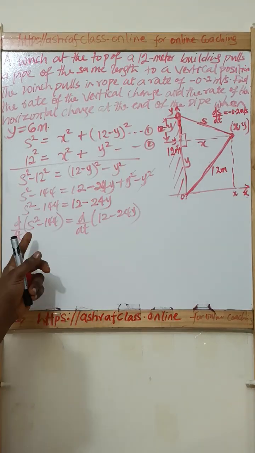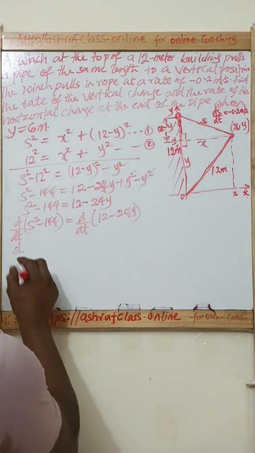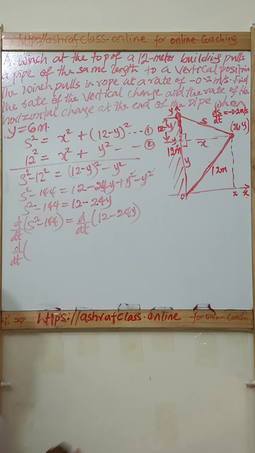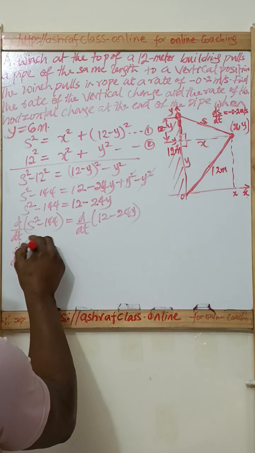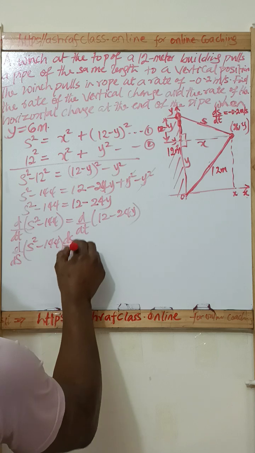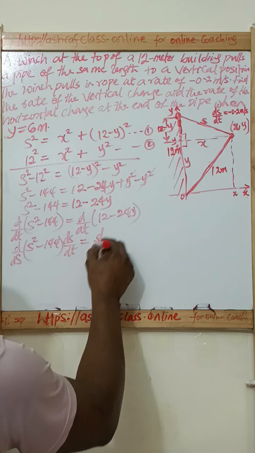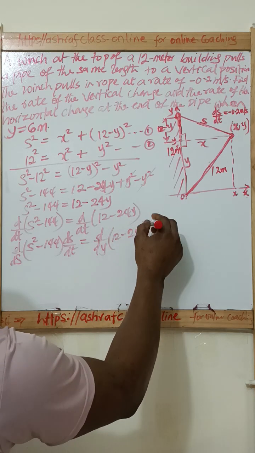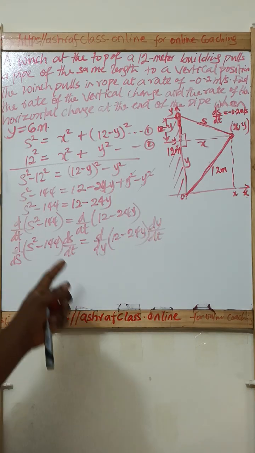If we differentiate, we use our chain rule. This is going to be d/ds of s squared minus 144, times ds/dt, and this is going to be d/dy of 144 minus 24y, times dy/dt.